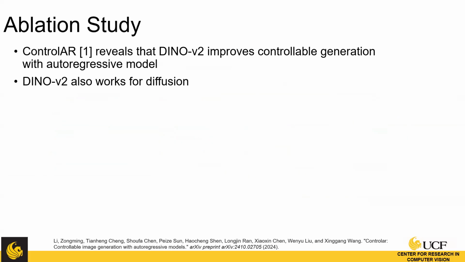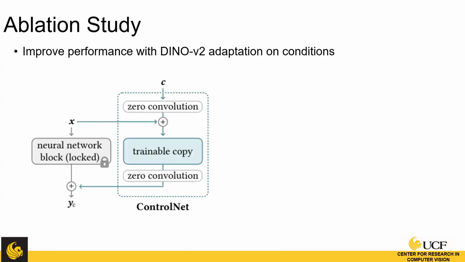We also conduct an ablation study regarding the DINOv2 adapter, because ControlAR reveals that the DINOv2 adapter improves controllable generation with autoregressive models. What is a DINOv2 adapter? It is used to extract the input condition and feed it into the ControlNet.